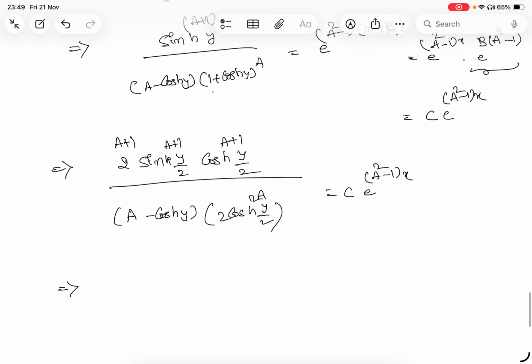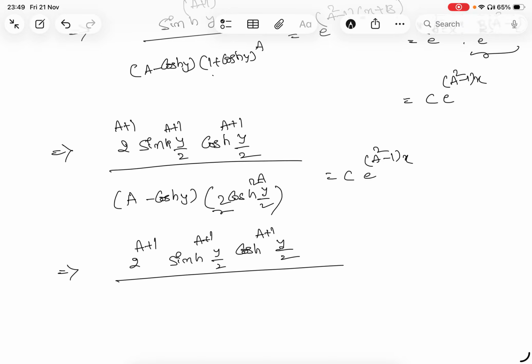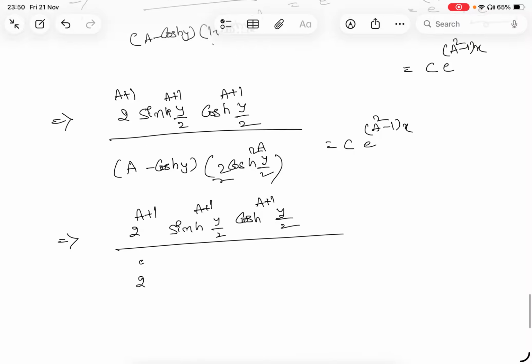So this can be written as 2 power (a plus 1) into sin h(a plus 1) y by 2 into cos h(a plus 1) into y by 2, divided by this term. This is 2, right? So write the constant out first, 2 power a.